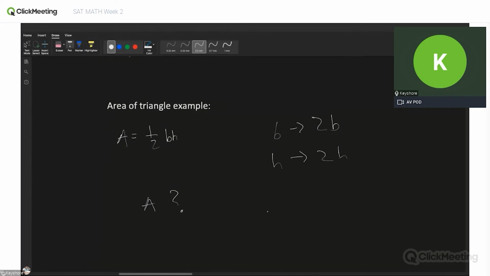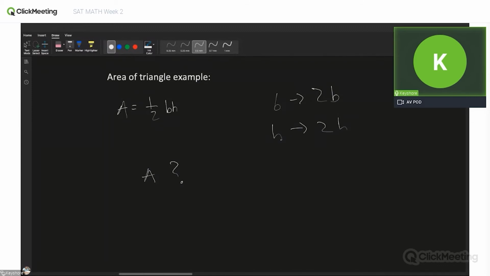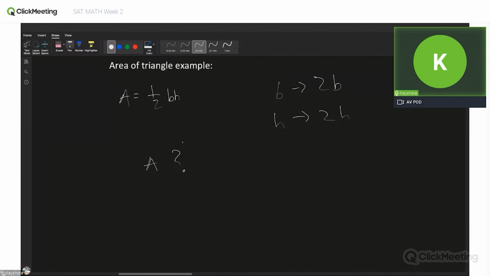Okay, I'll just walk through this just in case. So here it is. Area equals 1/2 base times height. So we literally plug in our numbers. But rather than b, we're going to have 2b here, and we're going to have 2h here.